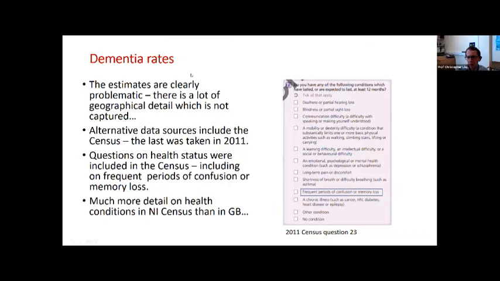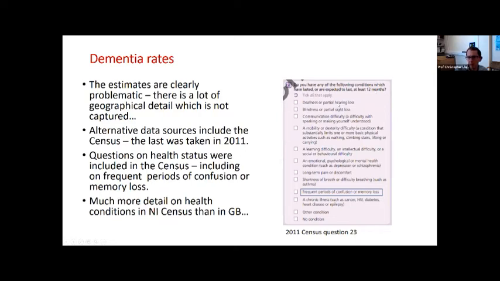So as you can see on the right-hand side, this is question 23 from the 2011 census in Northern Ireland, though, as I said, not in Britain. You could say whether or not you felt you had any of these conditions, or if they applied to you, and if they've lasted or were expected to last at least 12 months.